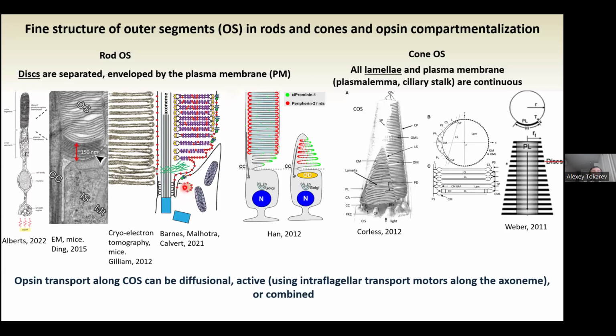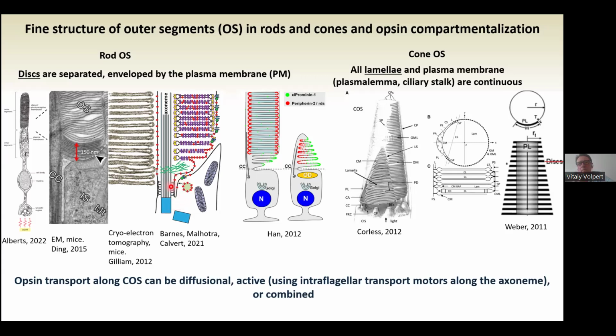Another argument is that rhodopsin is transported from the inner segment to the connecting cilium via these vesicles, and there is no data on how these vesicles fuse with the membrane, but we understand that they cannot go through the connecting cilium, simply geometrically.